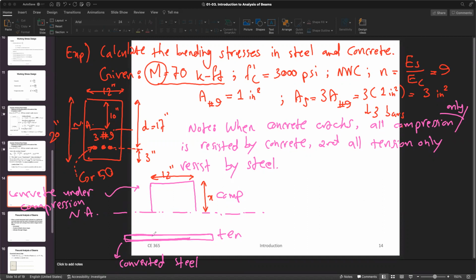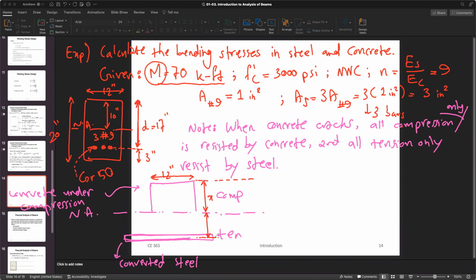What about this side? I would love to ask you if anyone knows what this side would be. This portion would be D.